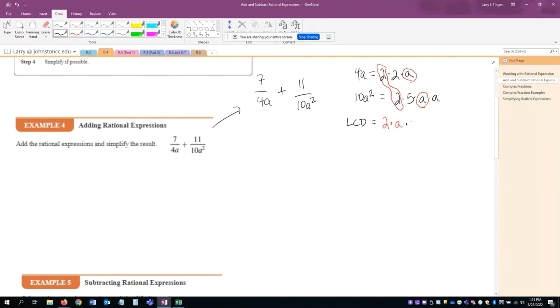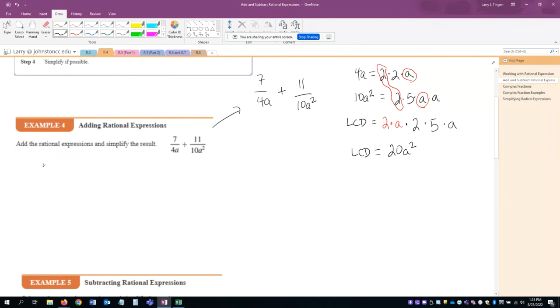So the 2 from up here comes in, the 5 and the a. Multiply that all together, and what do I have? 2 times 2 is 4, 4 times 5 is 20, a times a is a squared. So this is the LCD. All right, so that's the denominator that I want each of these to end up with.